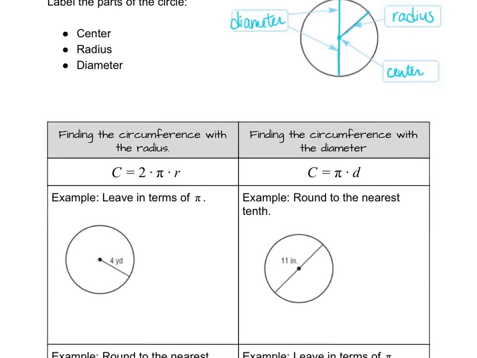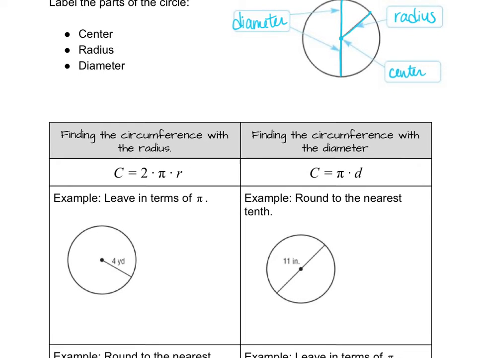Alright, so there's 2 ways that we find circumference, because sometimes you're given 2 separate things. So sometimes you're given the radius, and sometimes you're given the diameter. For area, you're required to work with those numbers and figure out what the radius is always. In this case, you have 2 formulas you can use, but just know that this is the most common one.